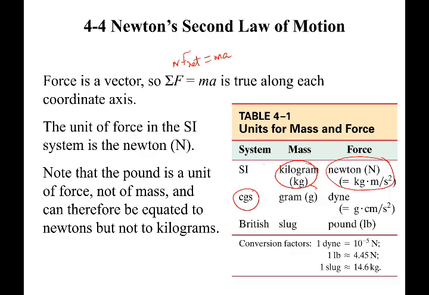The CGS, that is centimeter, gram, and second system, has a gram and a dyne in it, and a dyne has a gram centimeter per second square. The British unit for force is given by pounds, and the unit of mass is slug. So there's a comparison given for the dyne, the pound, and the slug.